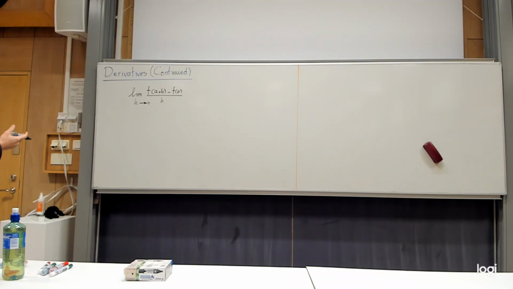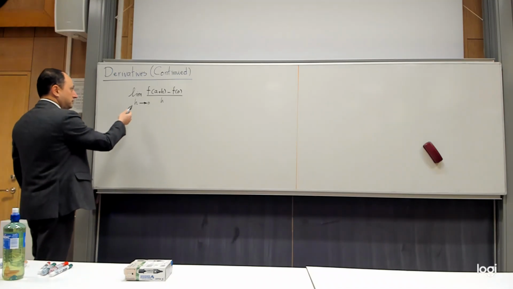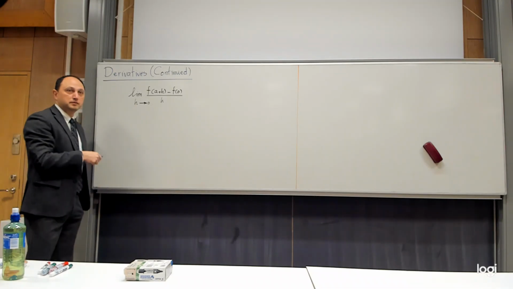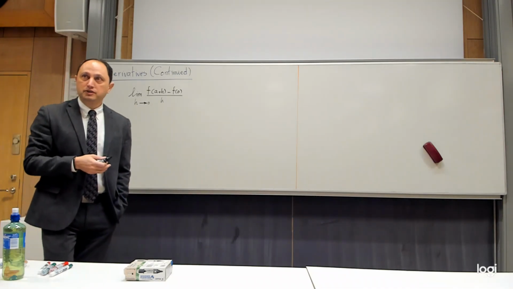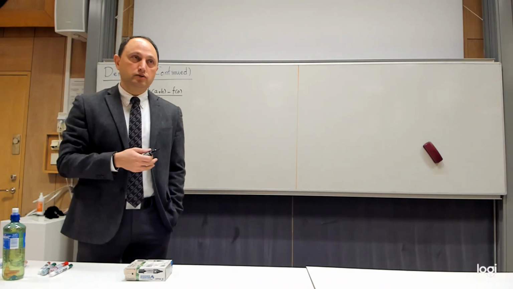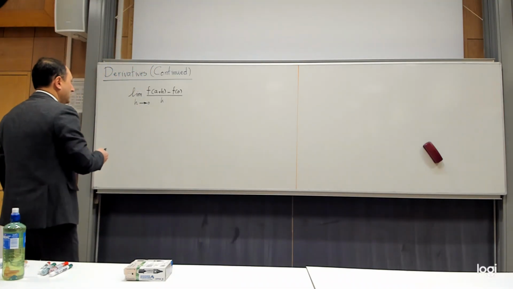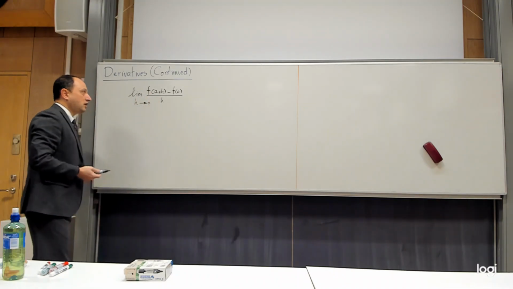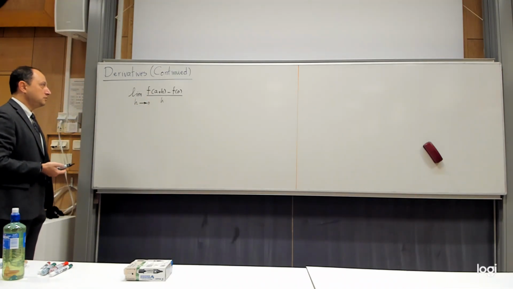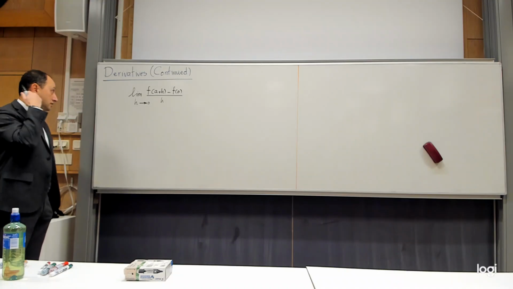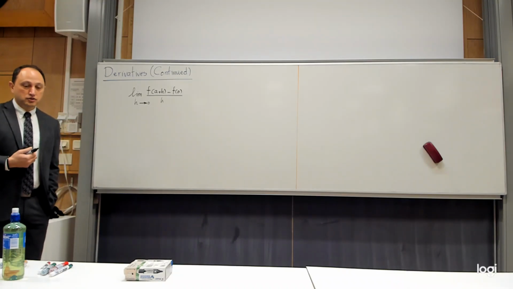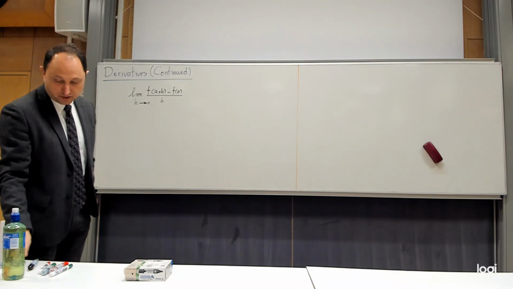And whenever something becomes important in different areas, mathematicians try to investigate the problem a little bit more, find its properties and delve more into it. So this is why they give this type of limit a name, and that name is the derivative. So now let us start this definition formally.